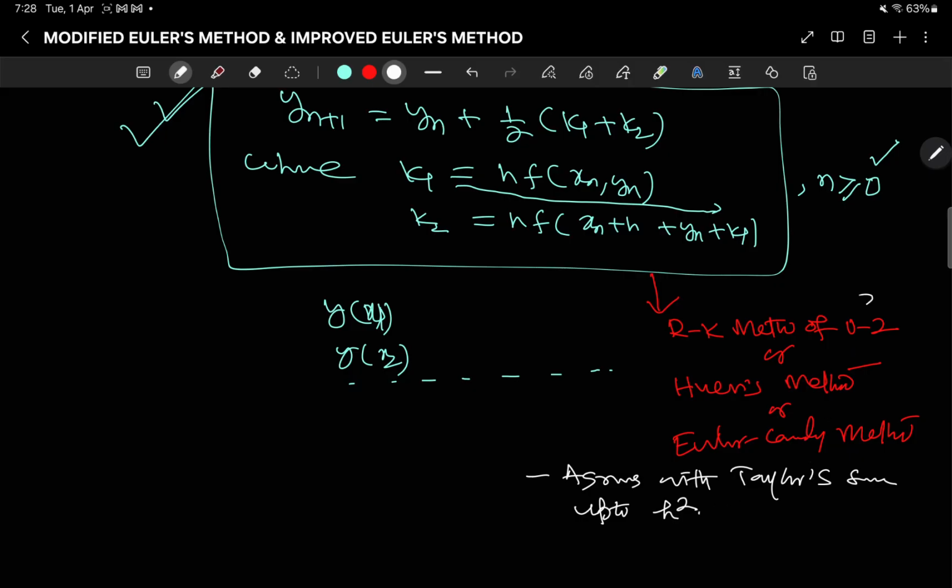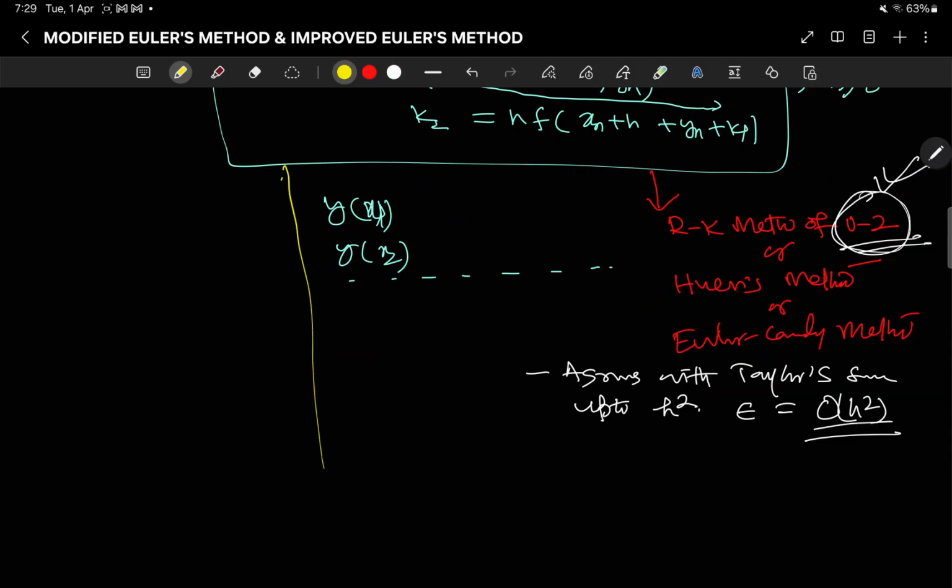So this is an order 2 method, and the error here, epsilon, is of order h square. So this is a second order method, Runge-Kutta method of order 2.